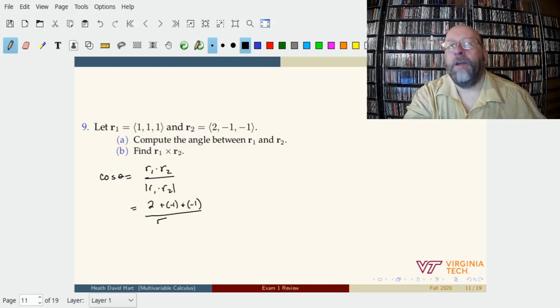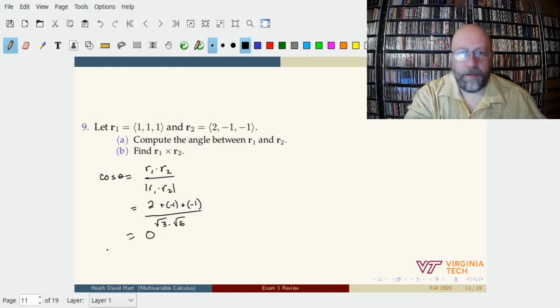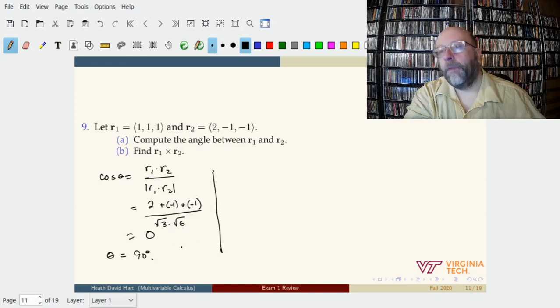And the magnitudes, well, they're square root of 3 and square root of 6, but we're going to see that doesn't matter because this dot product is equal to 0. And since the dot product is equal to 0, then the angle has to equal 90 degrees, or you could say pi over 2 radians.